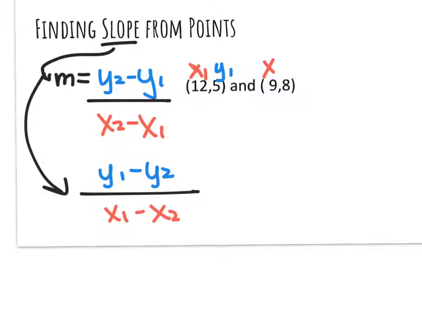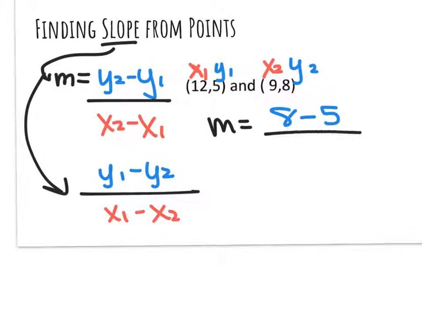9 is going to be x2, and 8 is going to be y2. I'm now going to find my change of y over my change of x. In order to do that, I'm going to solve for m, which is my slope. 8 minus 5 over 9 minus 12.